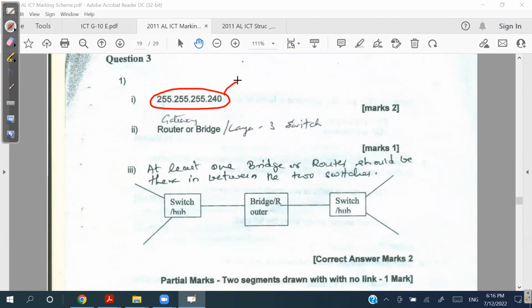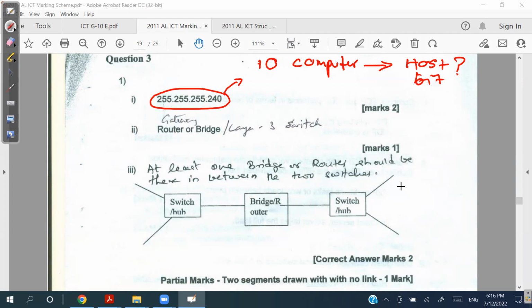And what is the basis of taking this? They were arguing with the 10 computers thing, right? So based on 10 computers, they have to figure out how many host bits there are in the network or the IP address, right? So they say there are 10 computers.